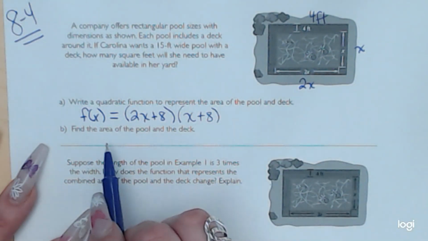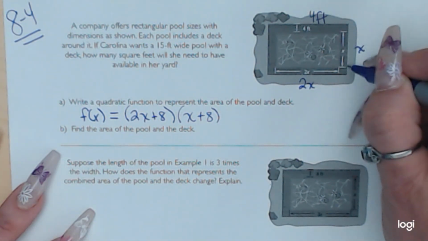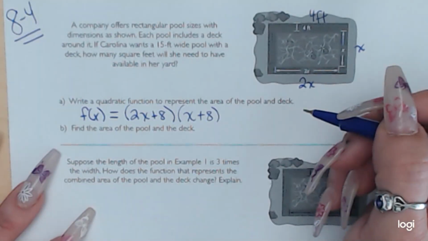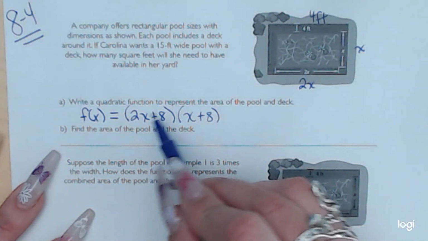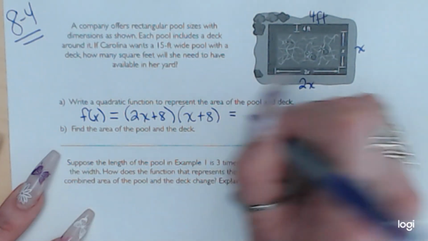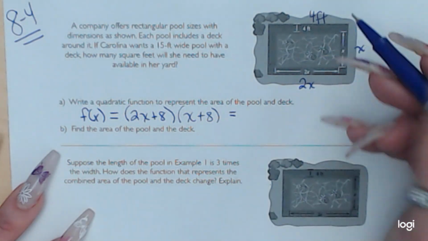Now we want to find the area of the pool and the deck now that we know our width of the pool is 15. So at this point, actually, let's do something better. Let's FOIL this out first. Let's get it into standard form, because it'll be much faster to plug in our 15 once we're there.